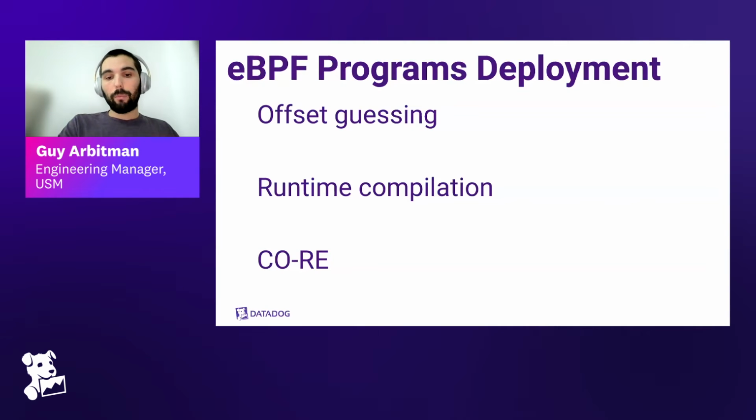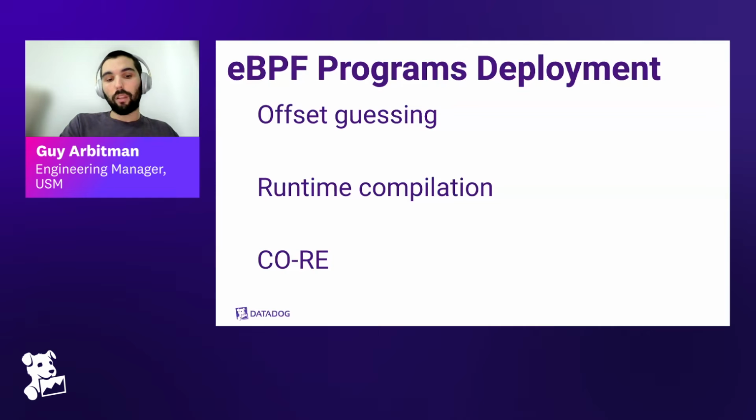And after that, we will deep dive into the CO-RE technique. Before we start, one might ask why we need 3 different techniques to achieve the same goal. As we will see, each method has its pros and cons. Some are improvements to the older ones, but all methods still have cons and they are not perfect. At Datadog, we are using all 3 of them in a fallback mechanism.